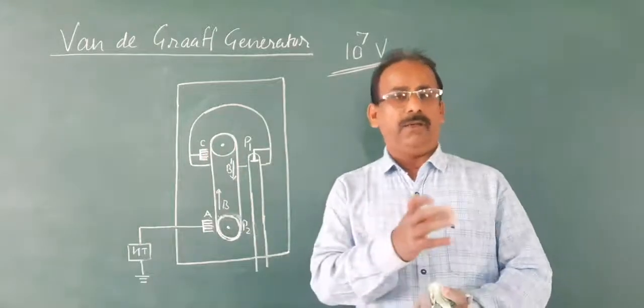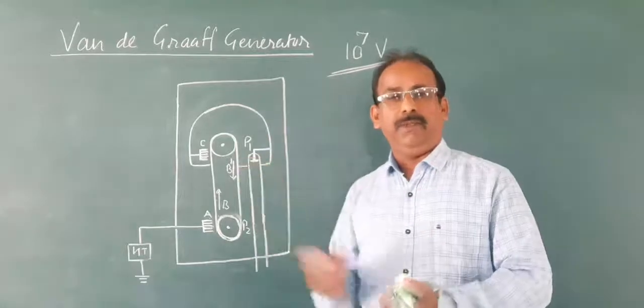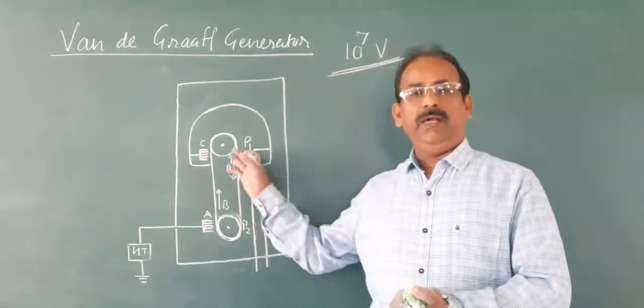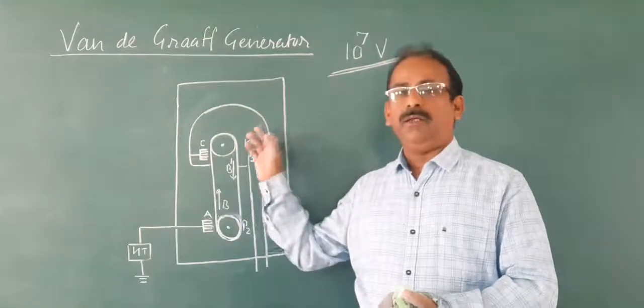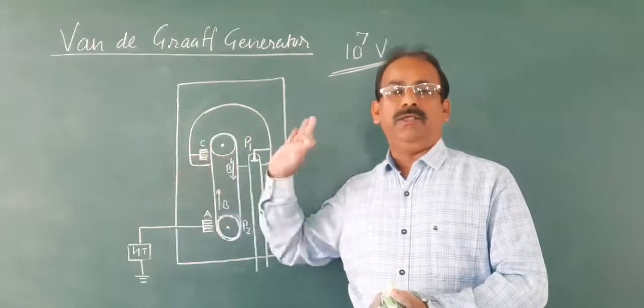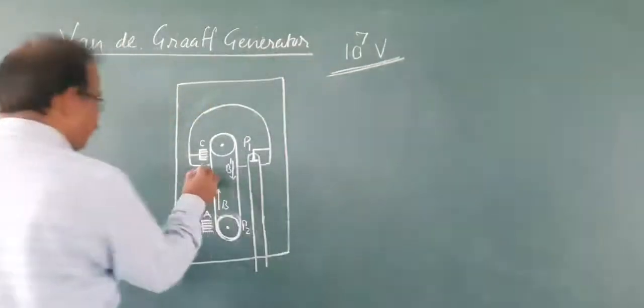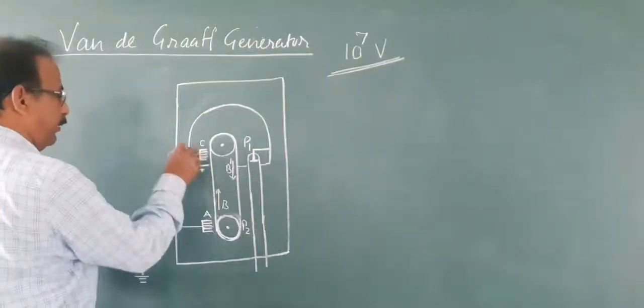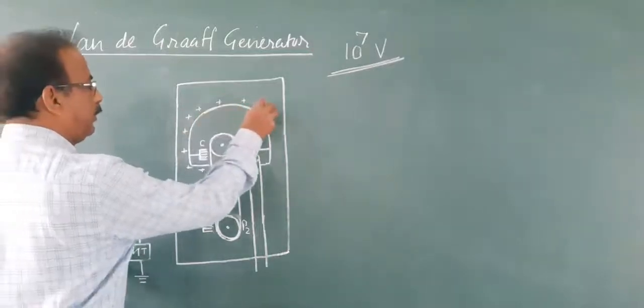This collector brush will receive this electric charge from the rubber belt and transfer it to the hollow conductor, because the collector brush is connected to the hollow conductor. Therefore, this electric charge will now get stored on this hollow conductor.